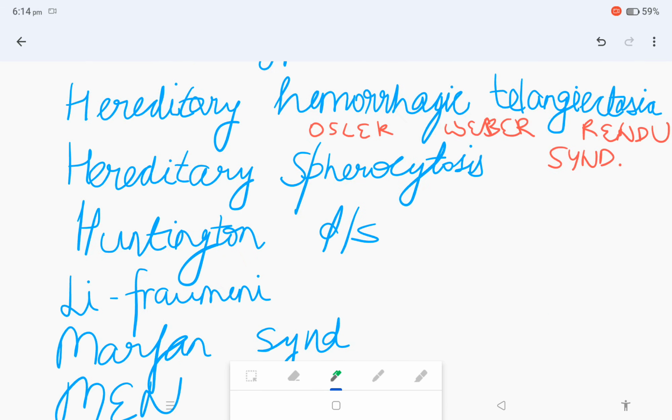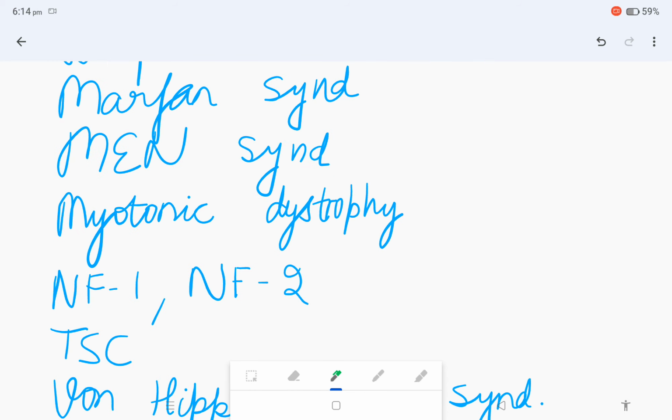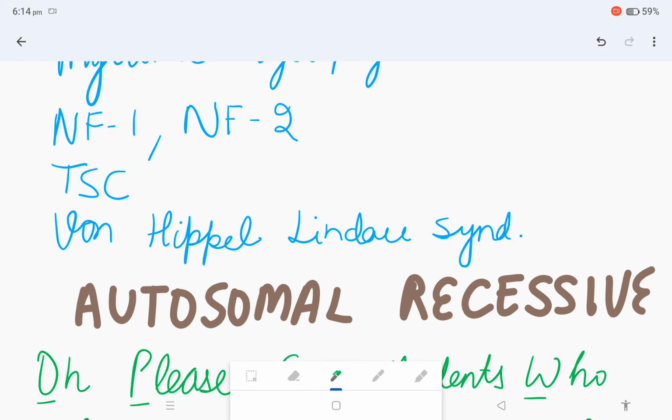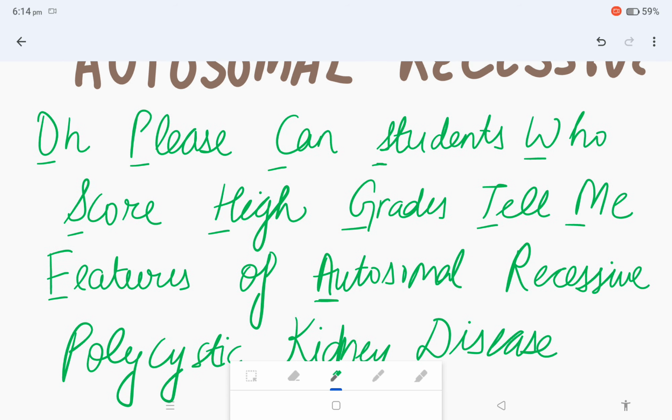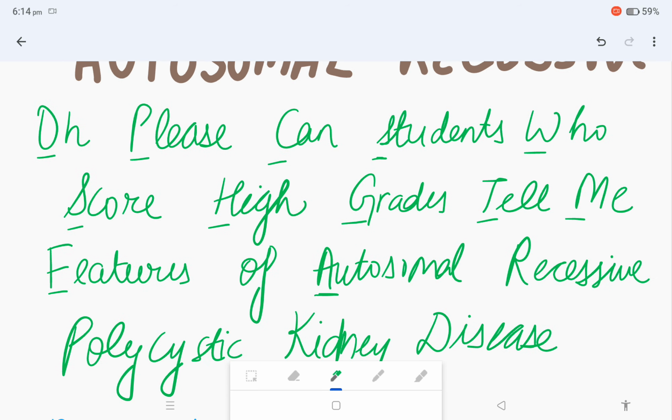Now we come to the autosomal recessive examples. For autosomal recessive we have a mnemonic. Oh, please, can students who score high grades tell me the features of autosomal recessive polycystic kidney disease?